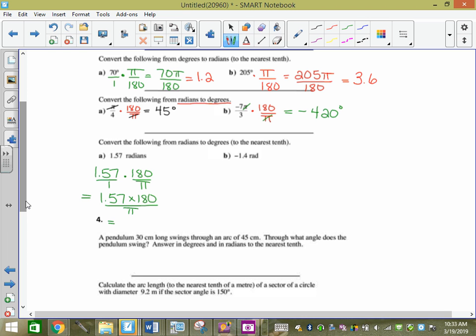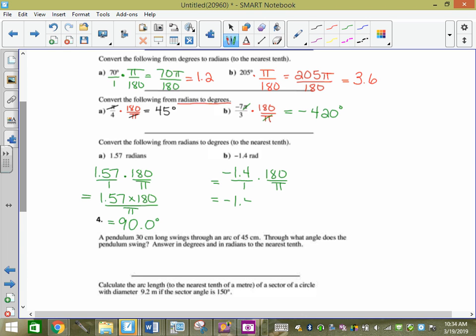Anyone? JC, did you get it? 40.0. So if there is no pi, you just have to remember to divide by it. No? What'd you get? Which one? Just 90? Okay, then we go negative 1.4 over 1 times 180 over pi.